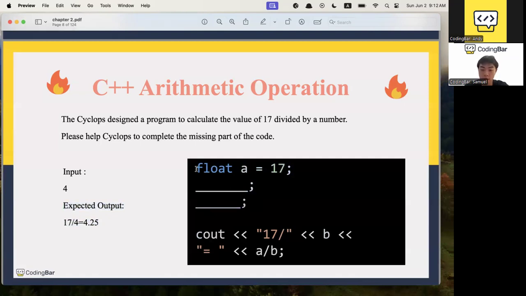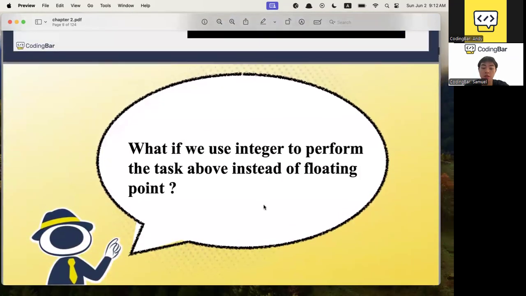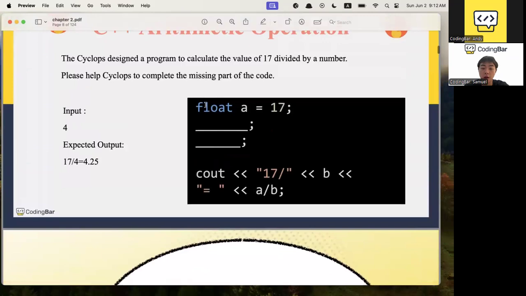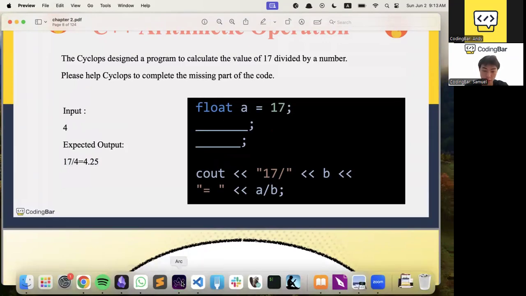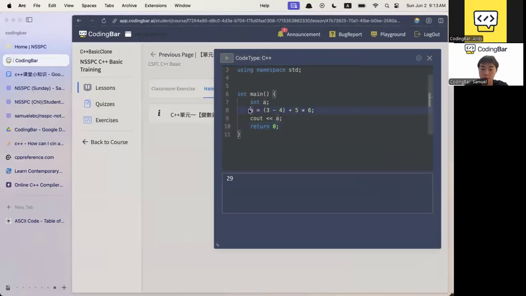This is one of the assignments in our platform. So you guys can play with it as well in our platform. But I can demonstrate it. We have a float A, and now we are going to define a float B. Okay, let's say we give it a value 0 first.